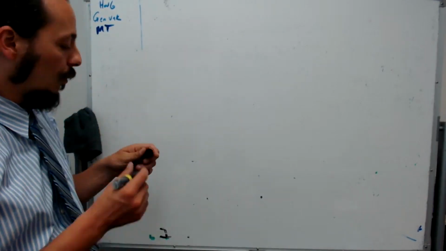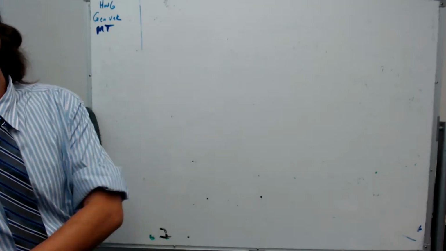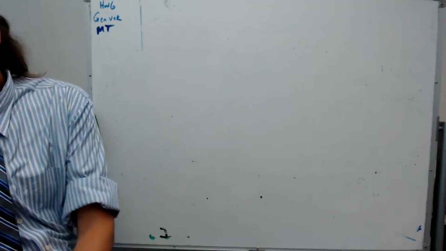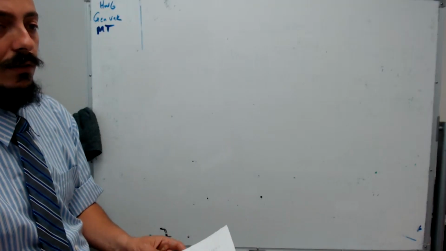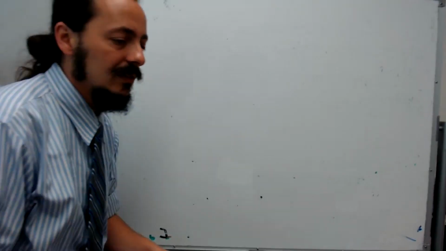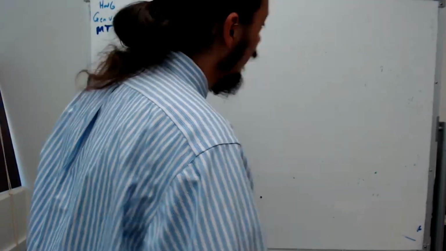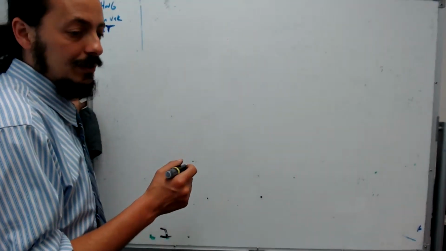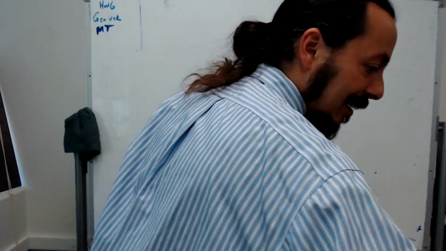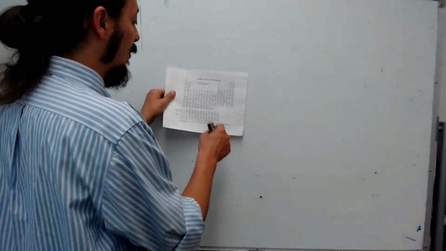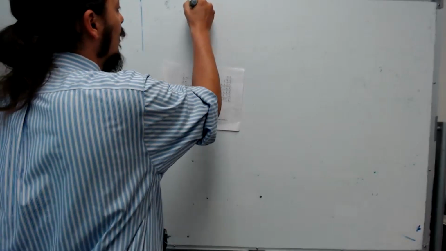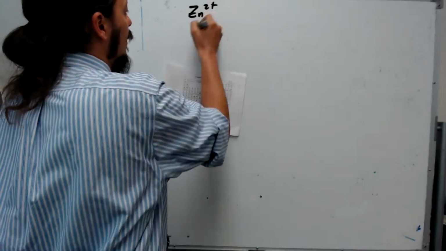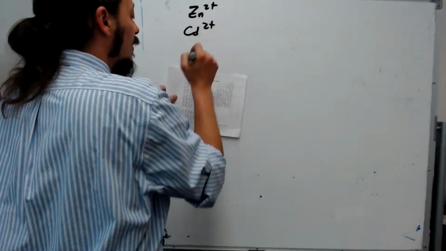Fantastic. So remember, we have that slide we looked at where we said there are some special exceptions that form particular geometries. I shouldn't have given that back to you yet, because I need the periodic table to figure it out. Zinc, cadmium, and mercury 2+. Let's not do mercury.